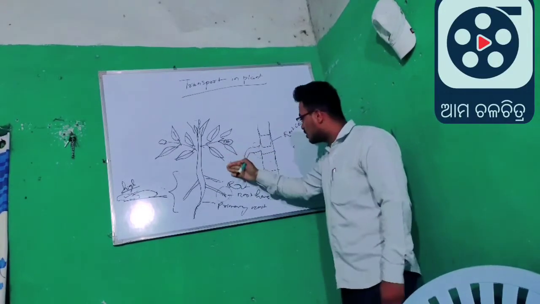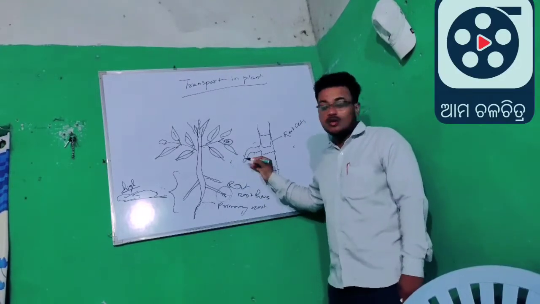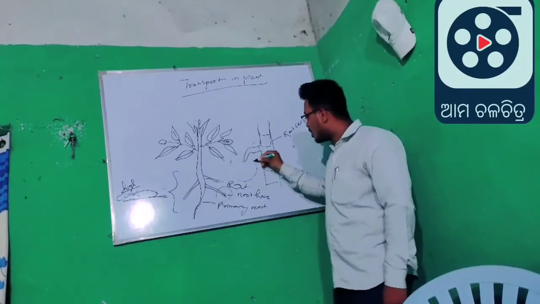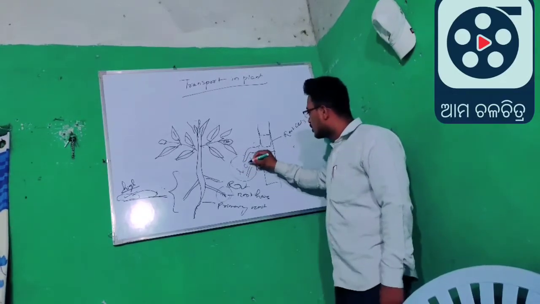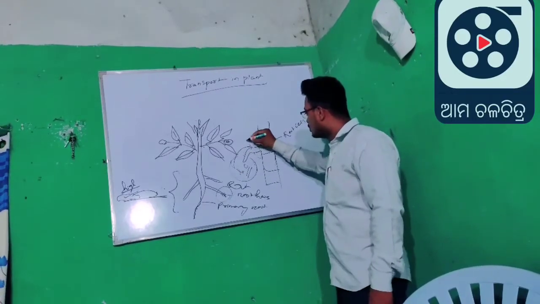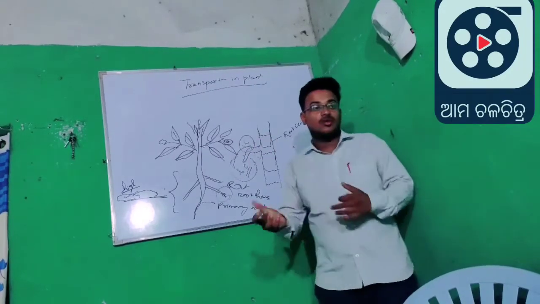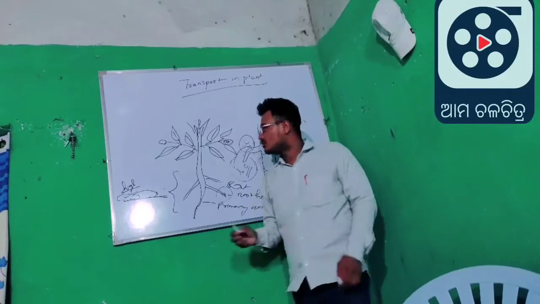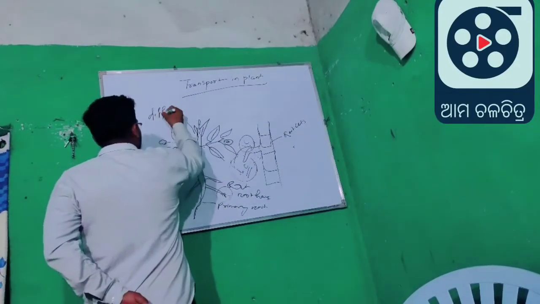The outer part reaches the water surface. The outermost water surface has a higher concentration, so it will automatically move to the lower concentration area. This is known as diffusion. So here we understand diffusion.